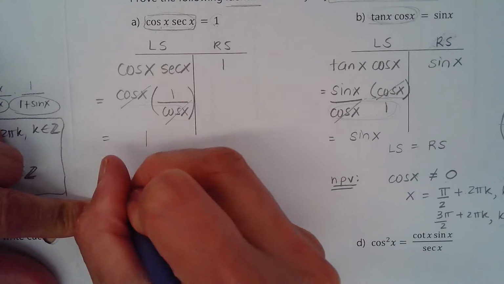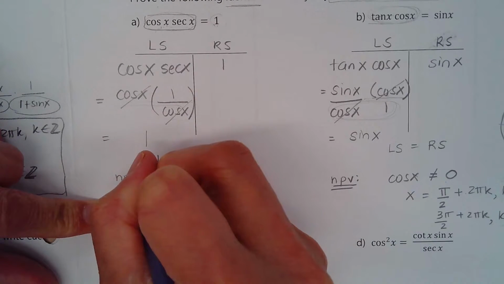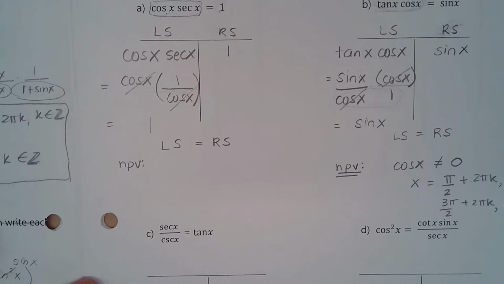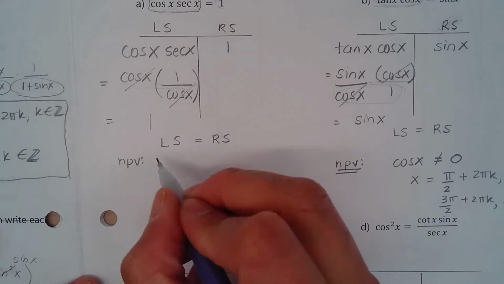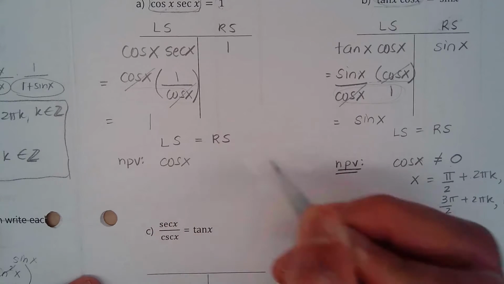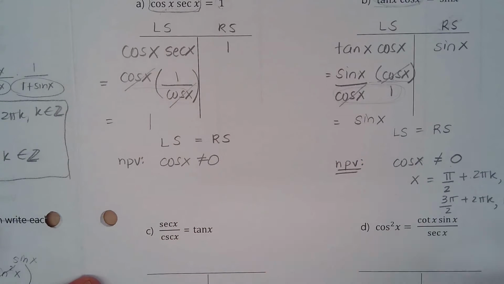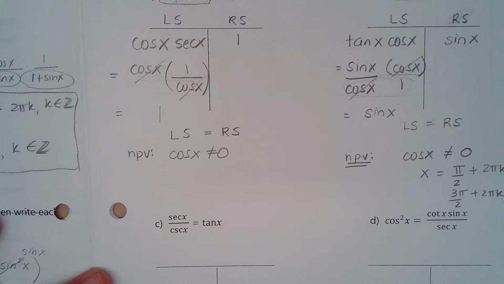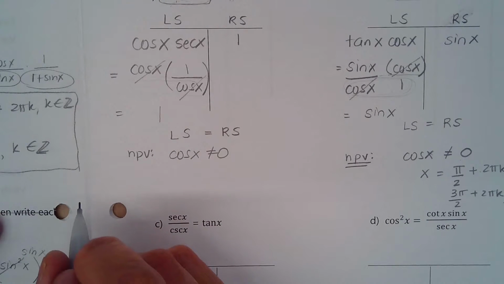So the non-permissible value: cos of x cannot equal 0.